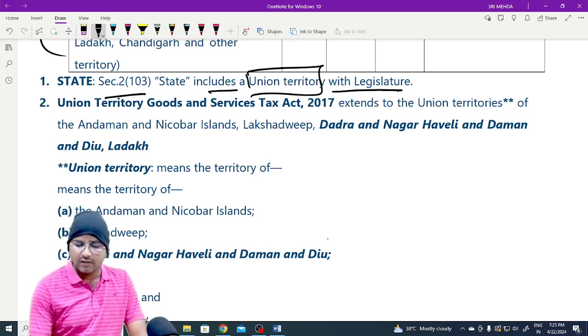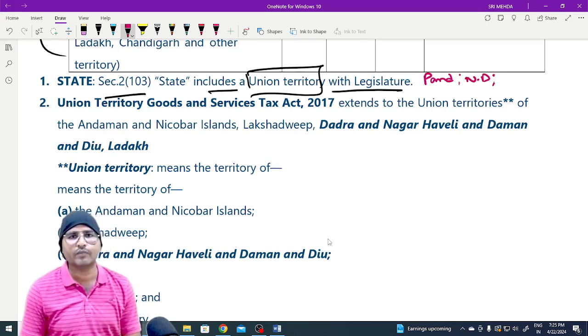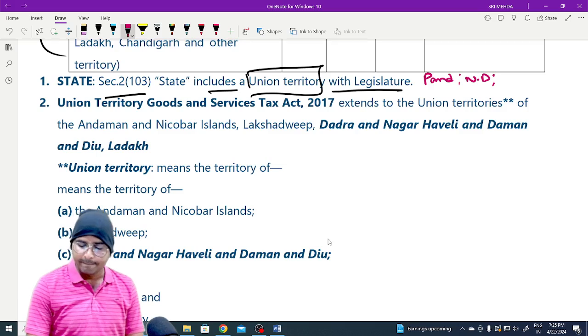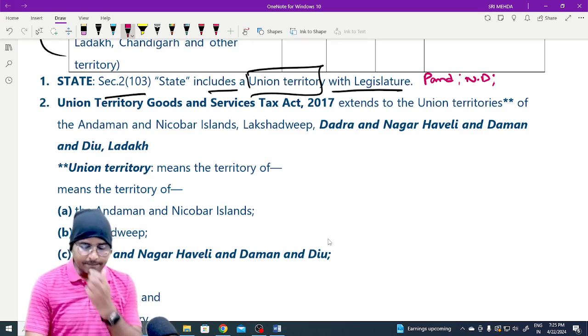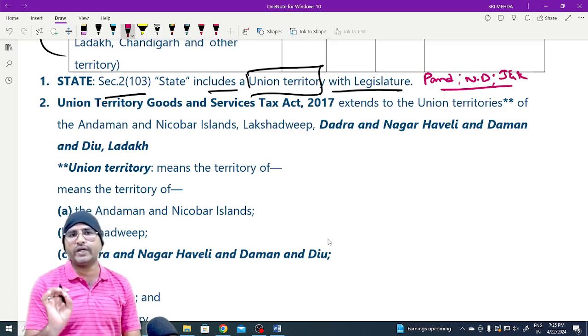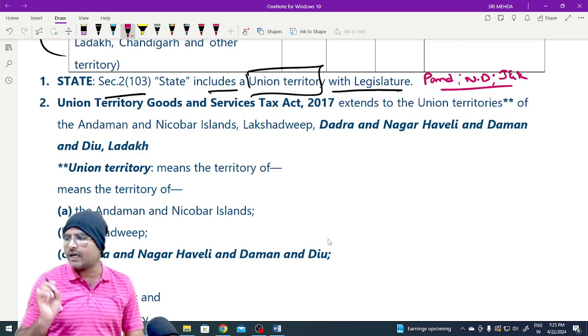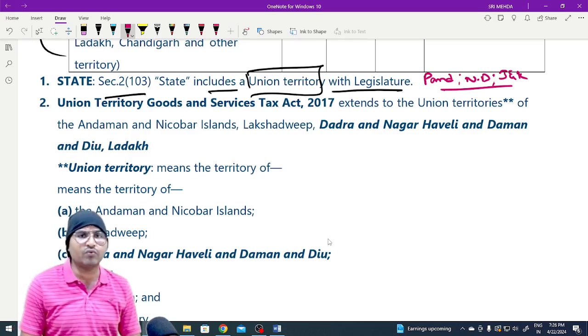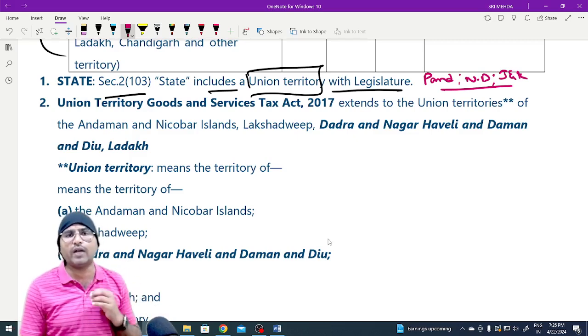Like that, for the purpose of the GST Act, Pondicherry, New Delhi, and Jammu and Kashmir. Actually, these 3 are union territories. Even though they are union territories, they have their own legislature and prepared their own act.